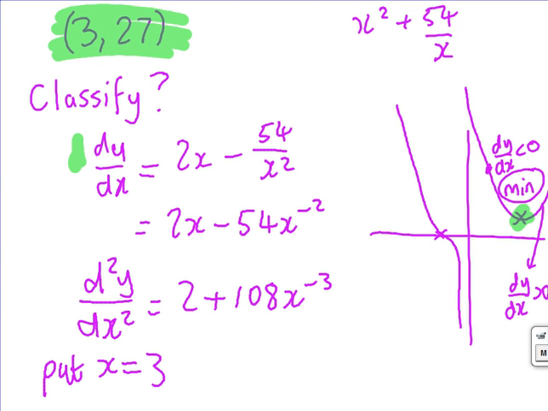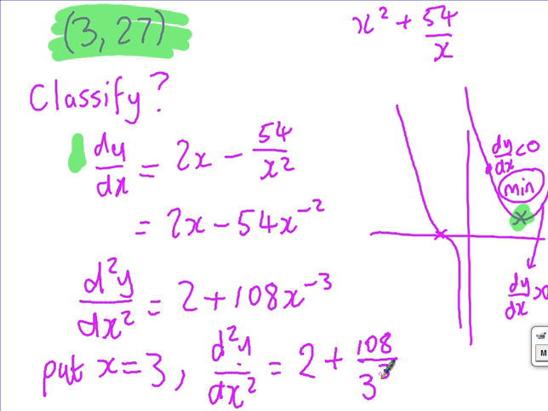We don't know what type it is, although from our graph we think it's a minimum. So if we put x equals 3, we should find that the second derivative, d2y by dx squared, is equal to 2 plus 108 over 3 cubed, because x to the minus 3 means 1 over x cubed.